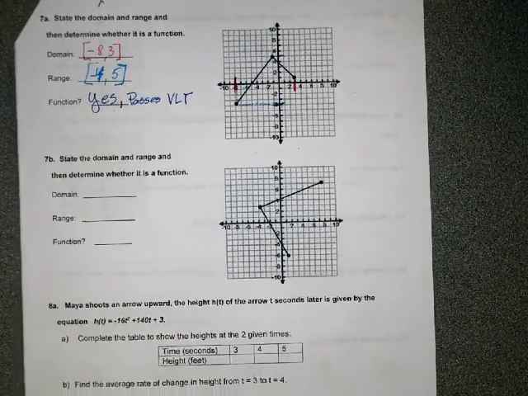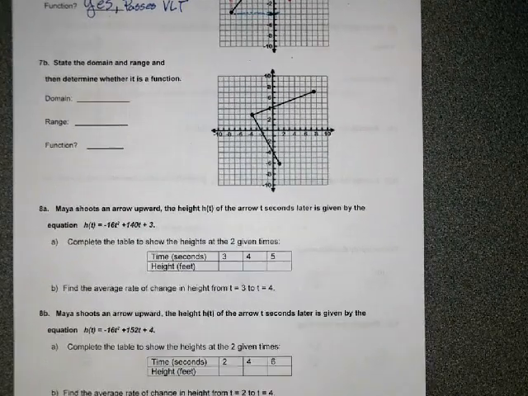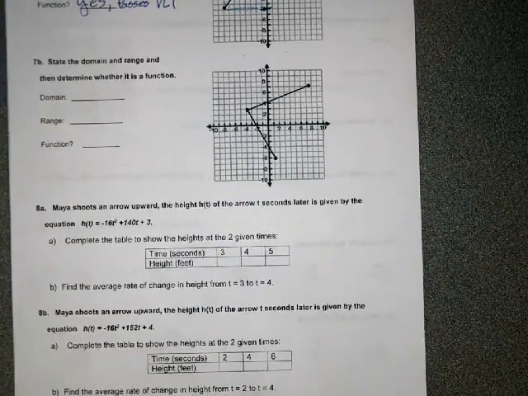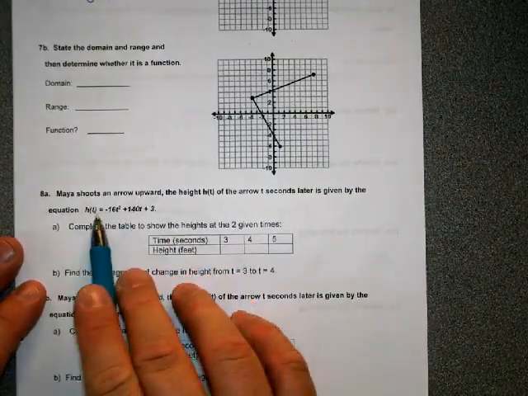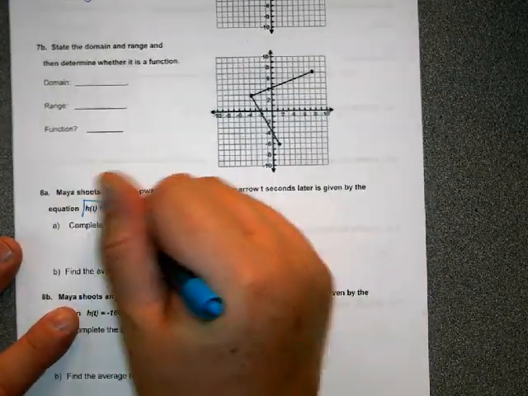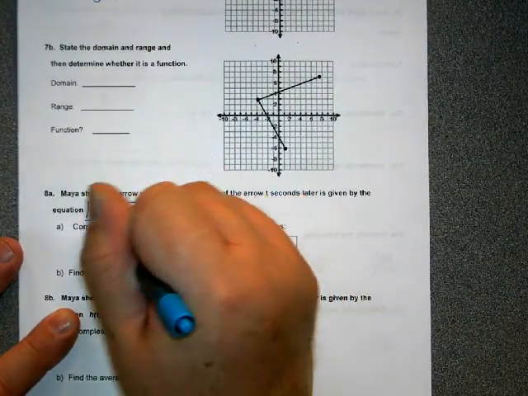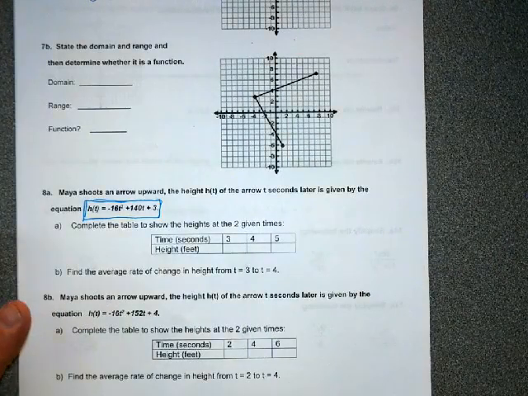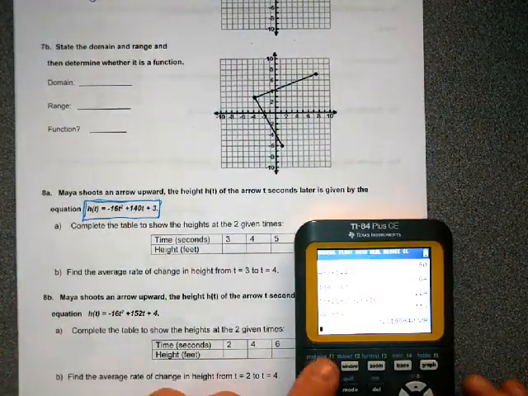Eight is mathematical model. Okay. What are you going to do with this? What's the easiest way to do mathematical modeling? Calculators. You're going to put it in your y equals, right?